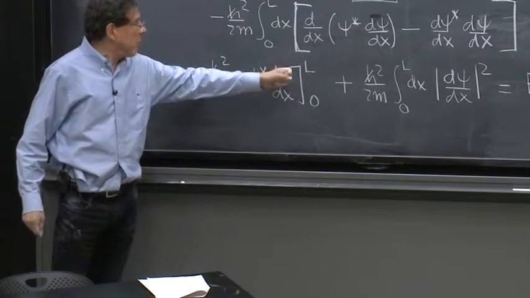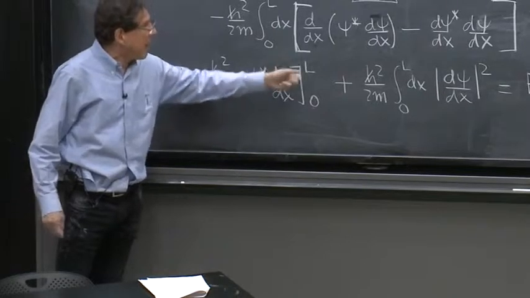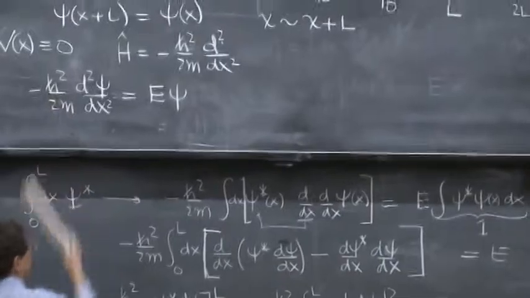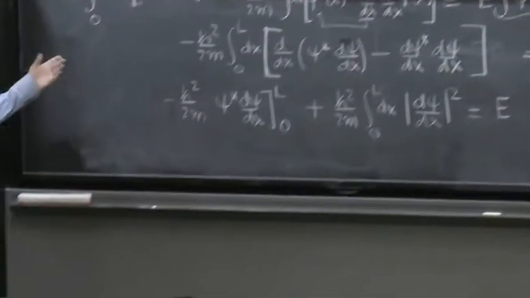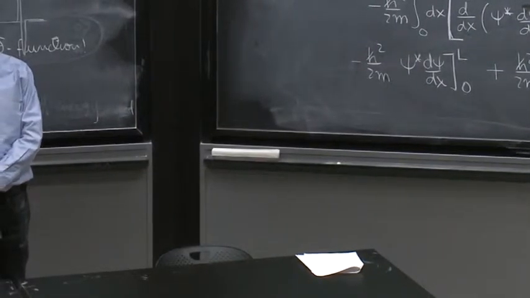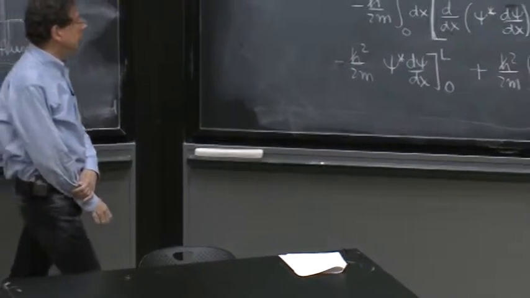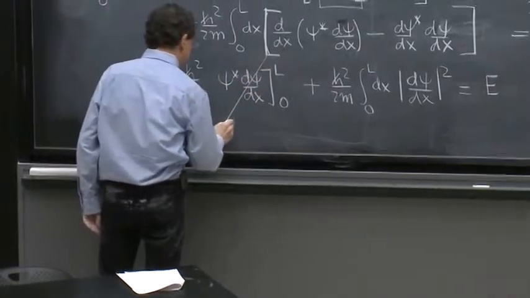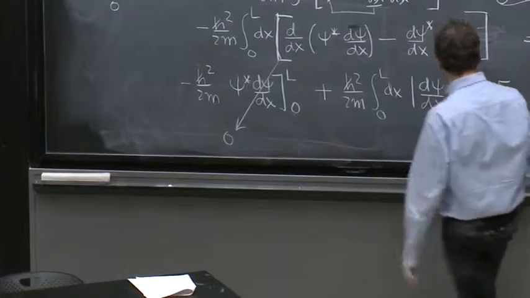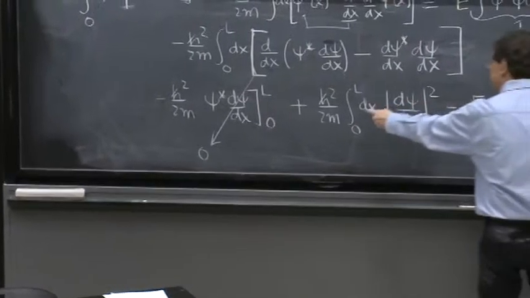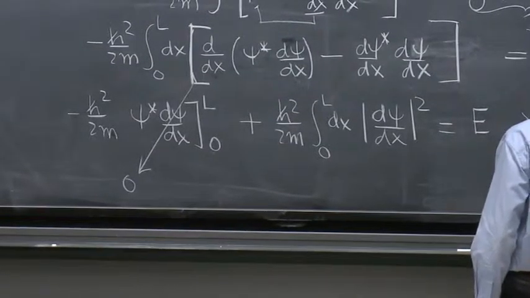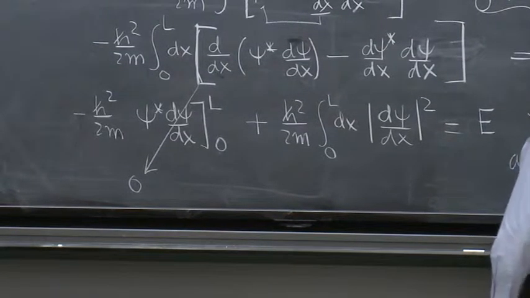The wave function, the derivative, everything is periodic with L. So whatever values it has at x equals 0, it has at x equals L. So this is 0. And this equation shows that E is the integral of a positive quantity, so showing that E is greater than 0, as claimed.